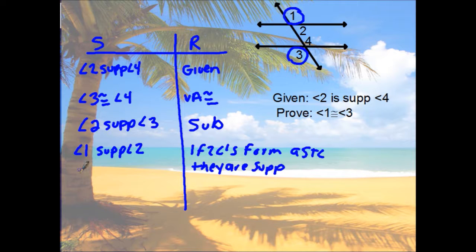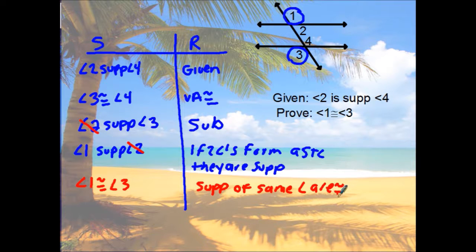Now, I'm looking for repeats within my supplementary steps, and I see that angle 2 has been repeated. What I'm left with is angle 1 is congruent to angle 3, and our reason: supplements of the same angle are congruent. Not so bad, right? Beautiful.